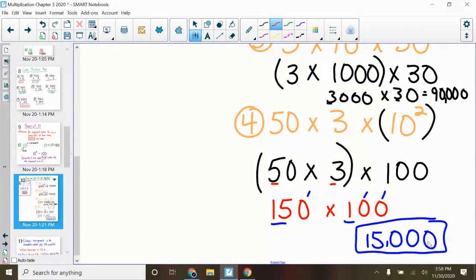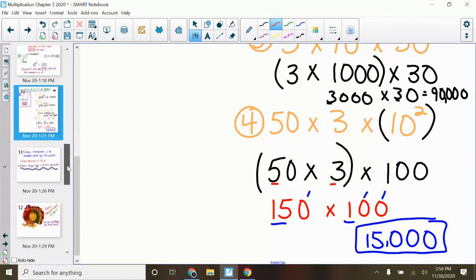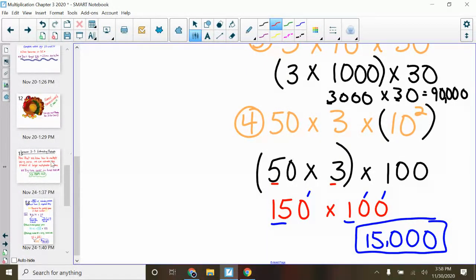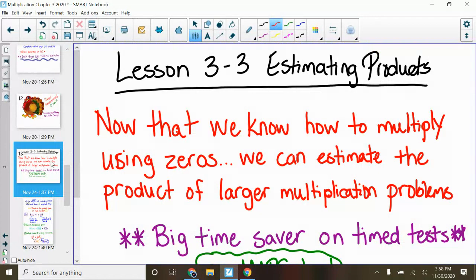And hopefully you understood everything that lesson brought and had you work on, because today we're going to move into our next lesson, which is going to be lesson 3.3. So as we can see on here, lesson 3.3, this is estimating products. Now, I know some of us have never really enjoyed every chapter that we have ever come across that had us do some estimating.